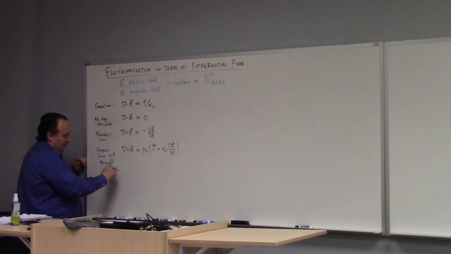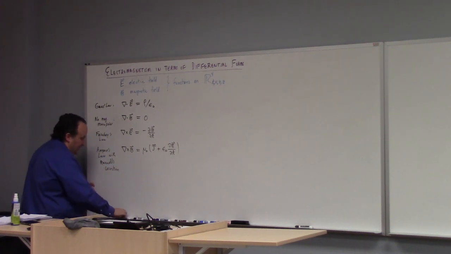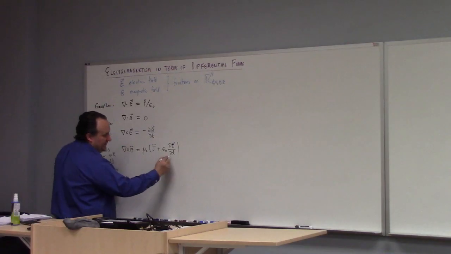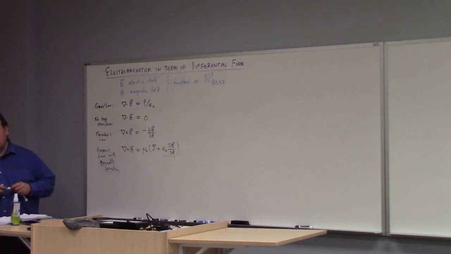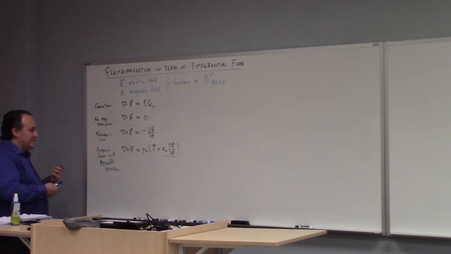Maxwell's correction was important because it sealed the deal in terms of predicting radio waves and so forth. This right here is Maxwell's correction, that term. That has to do with the displacement current, which is a necessary modification outside the context of magnetostatics. Magnetostatics being the case that you have long steady currents.